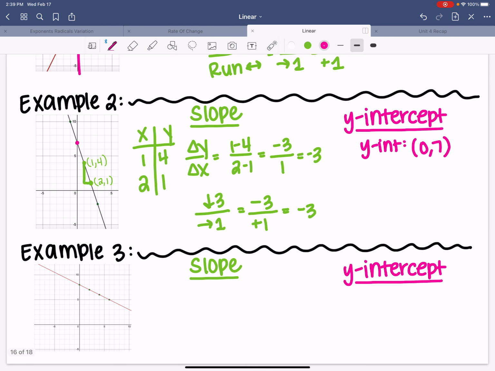And finally, example 3. To find the slope, we need to pick 2 perfect points. So I'm going to pick this point and this point.